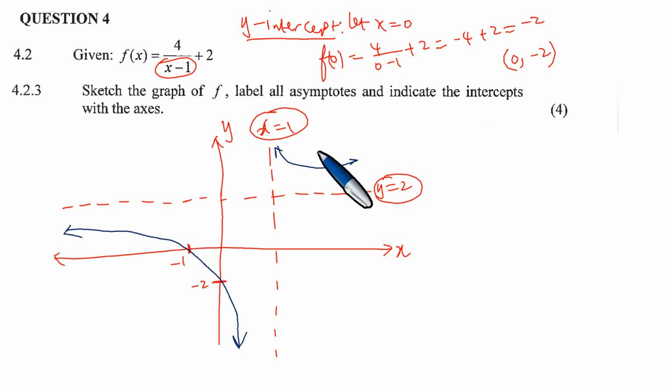This one here is f. This is the graph of f. We sketched it and labeled it as the graph of f. But also you need to be able to label all asymptotes and indicate the intercepts with the axes. We have shown the y-intercept and the x-intercept there.